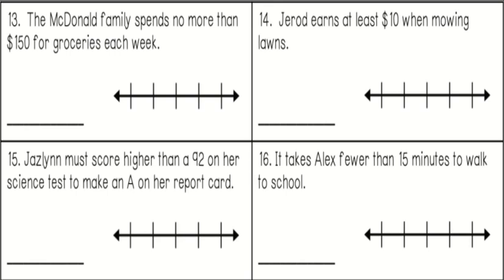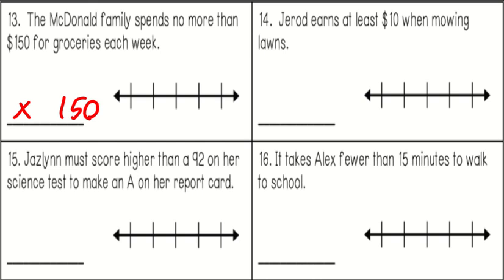All right, so let's look at these. Number 13, McDonald family spends no more than $150 for groceries each week. So I'm just going to use X for each of these, okay? And the variable doesn't really matter. We got X. What's the number for number 13? 150. All right, no more.